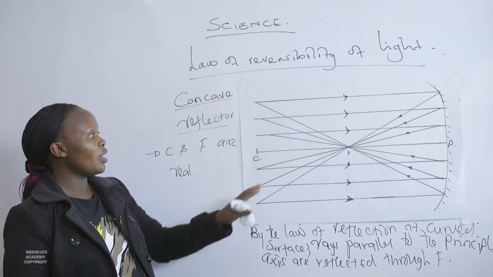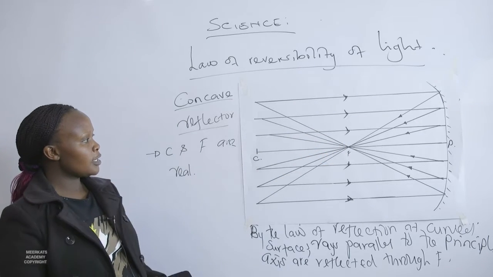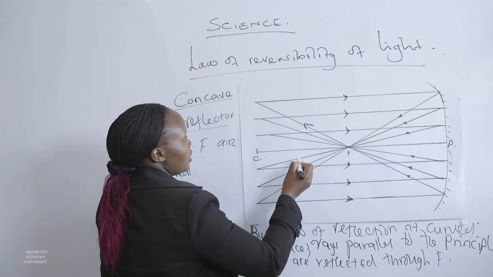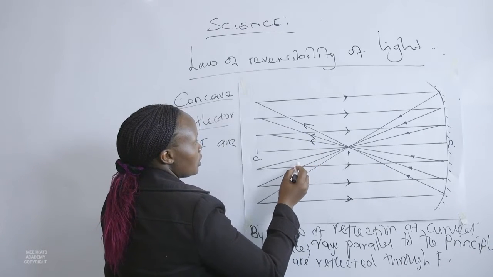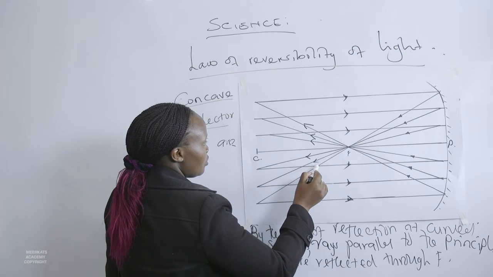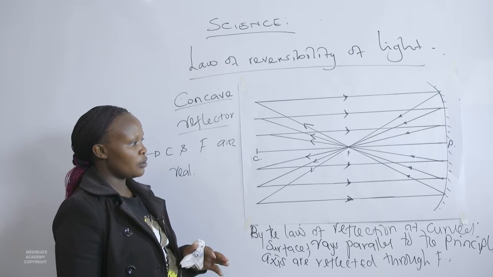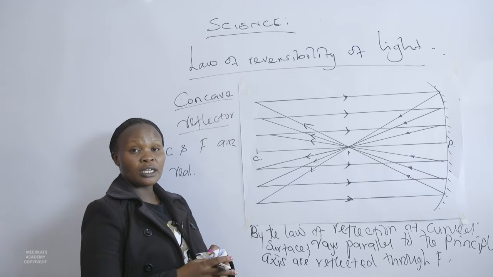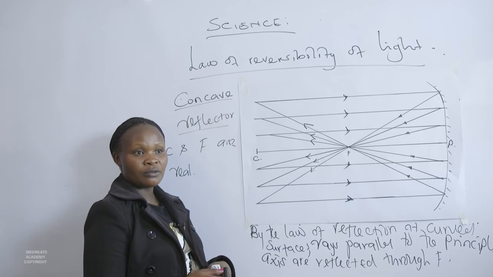We now have a beam that is parallel to the principal axis, and the rays are going to trace some path like that. They are going to be reflected in such a way that they pass through F, like we have on our diagram. That means that light can actually trace its own path again, that the path of light is actually reversible.